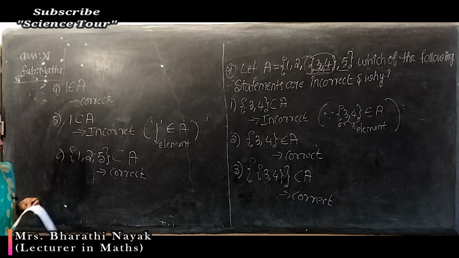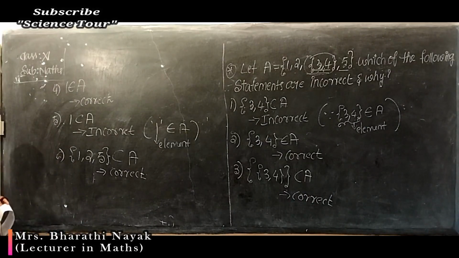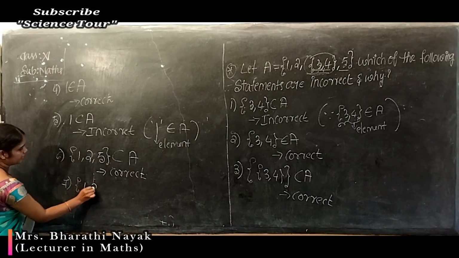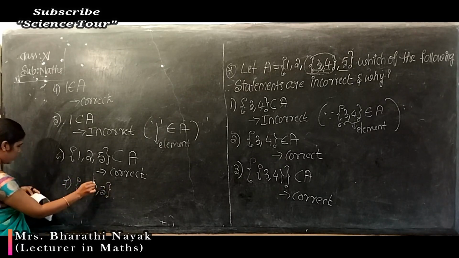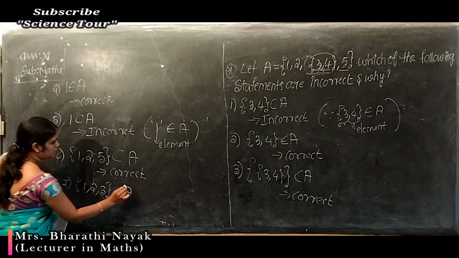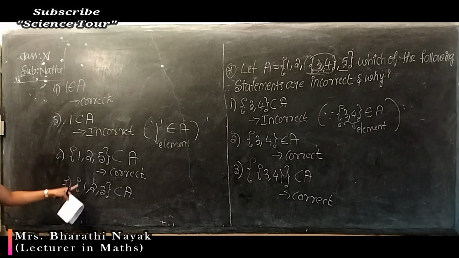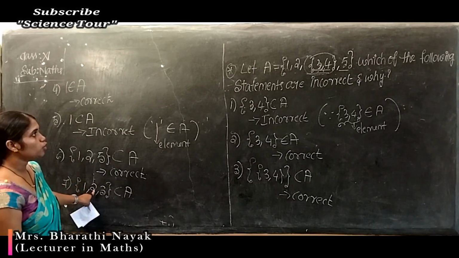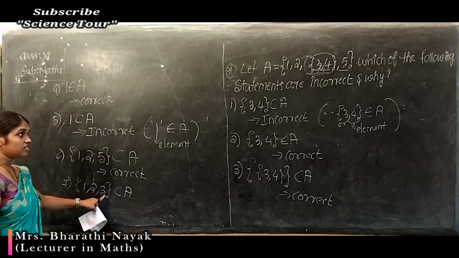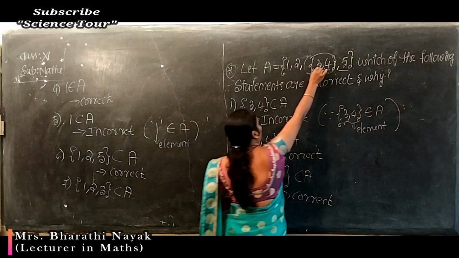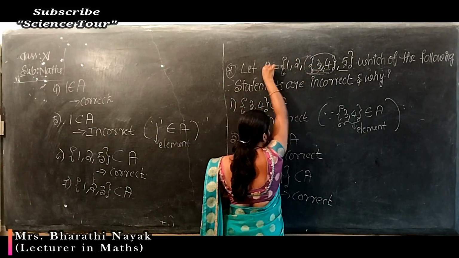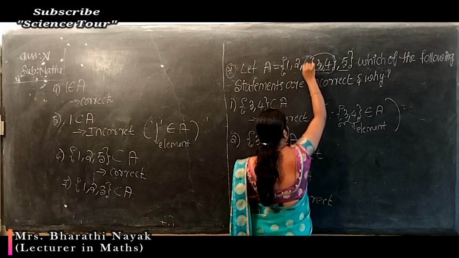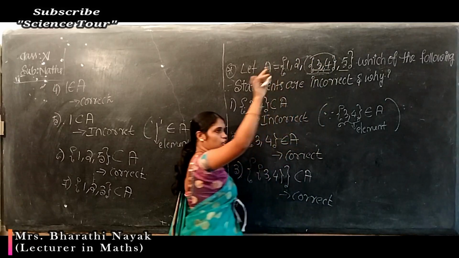So next, seventh one. Set containing 1, 2, 3 is a subset of A. Is it correct? Just take the numbers. 1 belongs to A, correct? 2 belongs to A, correct? But 3, whether this 3 belongs to this set? No, this 3 is not an element of this set A, but 3 is an element of this particular set 3, 4.